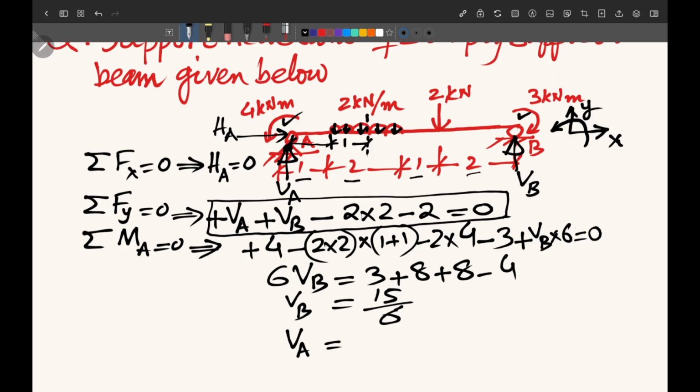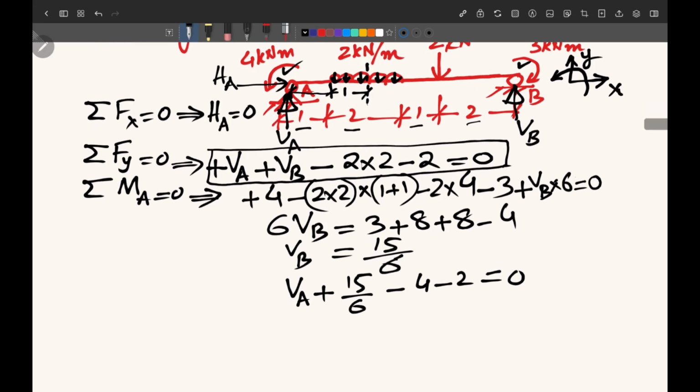When we substitute the value of VB as 15 by 6, it will be VA plus 15 by 6 minus 4 minus 2 equal to 0, and from here we get the value of VA, that is 4 plus 2 minus 15 by 6, which is nothing but 6 minus 15 by 6.